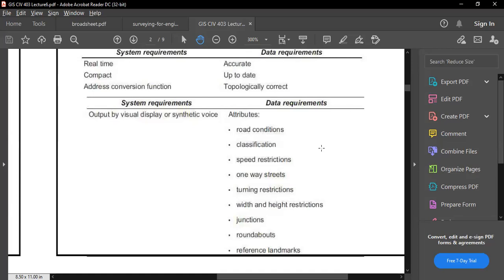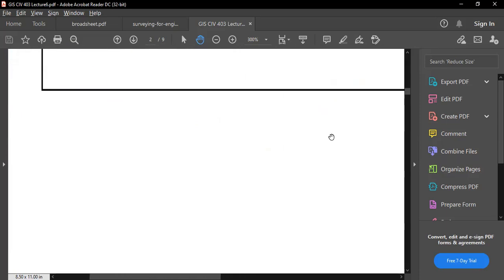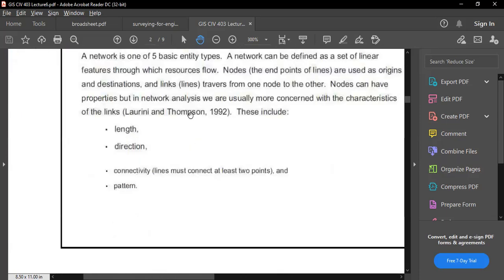Okay, so with height restrictions, if I'm traveling on a road and I need a shortest path along it, then I'm going to always think about the kind of vehicle that I'm driving, because there are some roads where you cannot drive because of the height restriction or the width restriction. Junctions, roundabouts, etc. Reference marks. Are you okay? All that go into it.